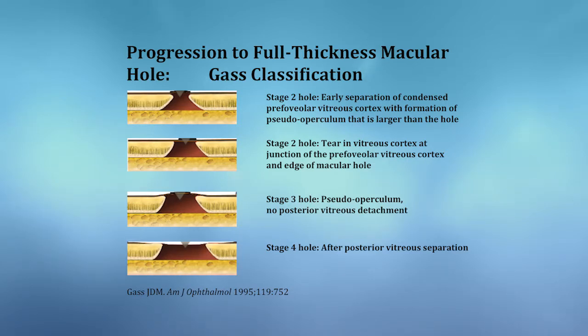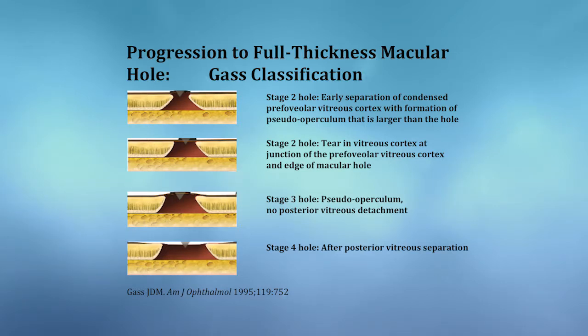Early separation of the condensed perifoveolar vitreous cortex with formation of a pseudo-operculum that is larger than the hole itself. The operculum is larger than the hole itself. But with the stage 2 hole, there is a tear in the vitreous cortex at the junction of the perifoveolar cortex at the edge of the macular hole, not over the macular hole itself.